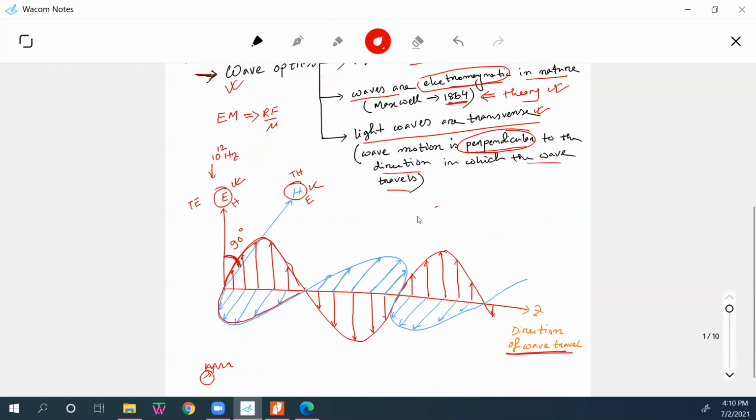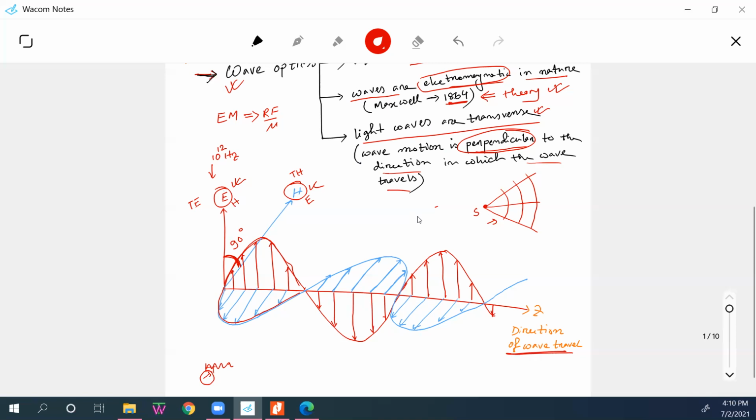Can I draw here? Yes, I can. From a light source, for example, the electromagnetic wave radiates in a spherical shape, like this. So this is the light source. But the wavelength lambda of this source is much smaller than the object it encounters.